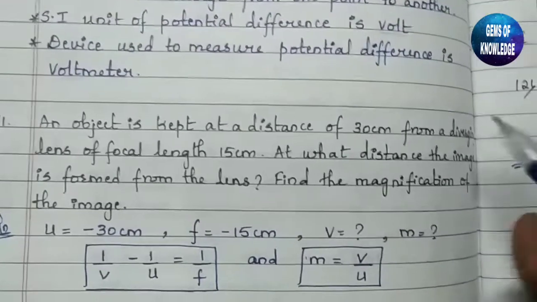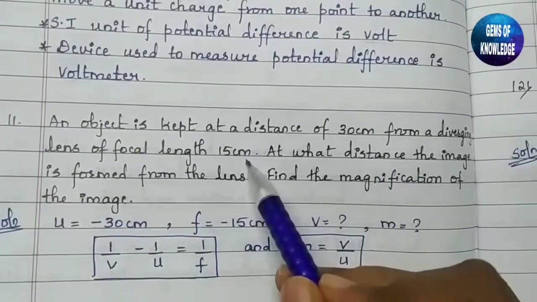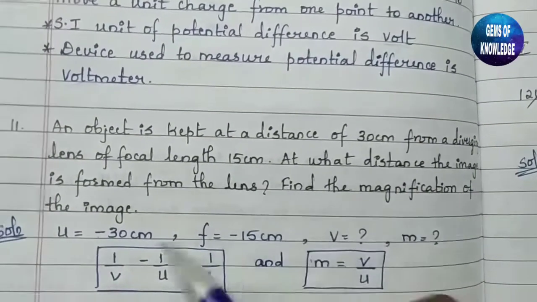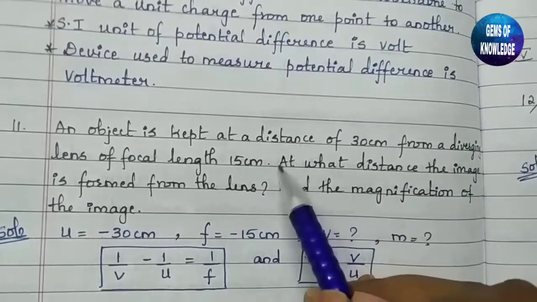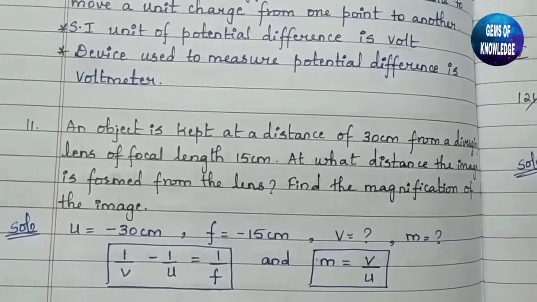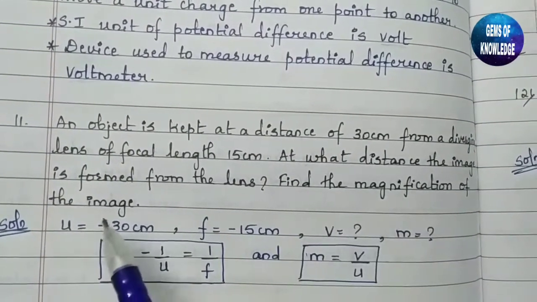The focal length is mentioned, it is 15 centimeter. What you need to do here is find at what distance the image is formed from the lens, that is the image distance, as well as the magnification of the image.